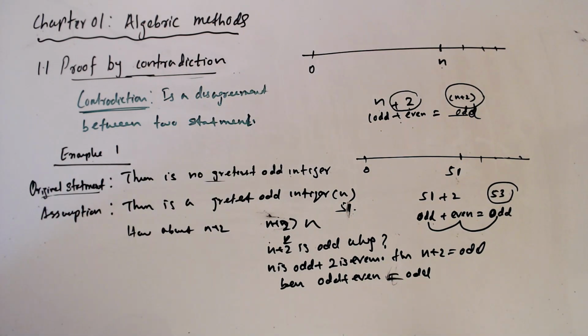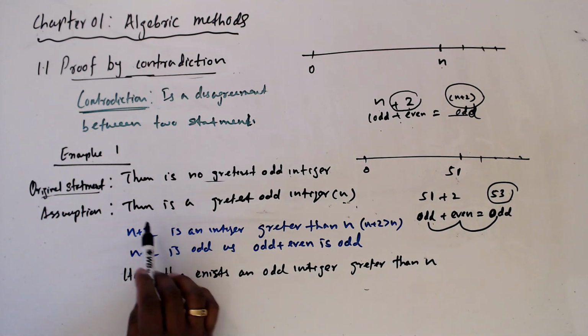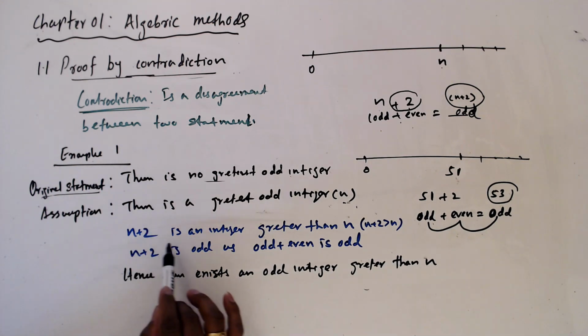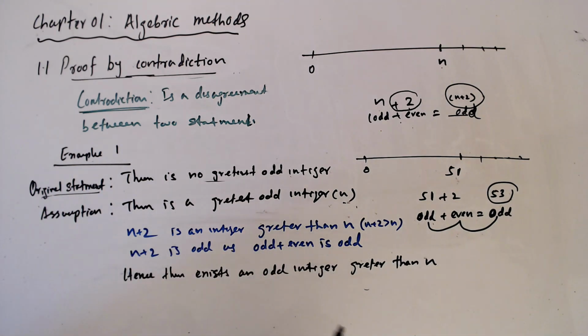So we have to write this argument with proper wording. Now n plus 2 is an integer greater than n. n plus 2 is odd as odd plus even is odd. Hence there exists an odd integer greater than n.